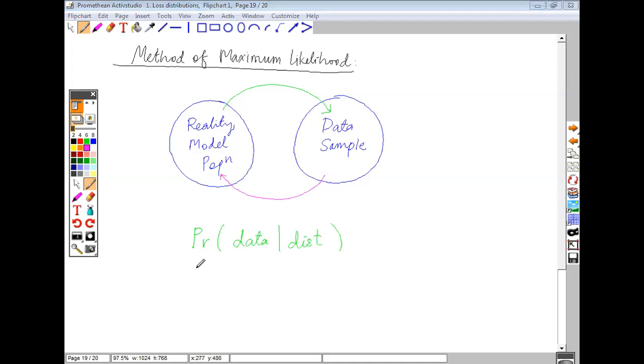And when I'm talking about the likelihood, I know something about my data, which is what I have observed, and I'm trying to figure out what distribution fits it the best. So I hope this makes it clear that this way is the probability and this way is the likelihood. Does this make sense? Yes.